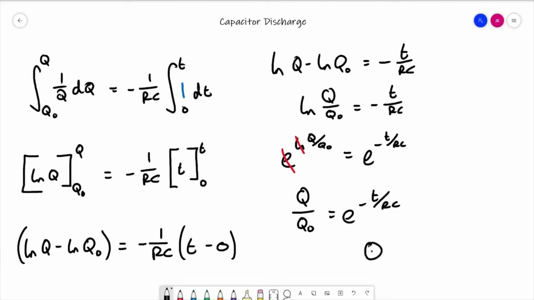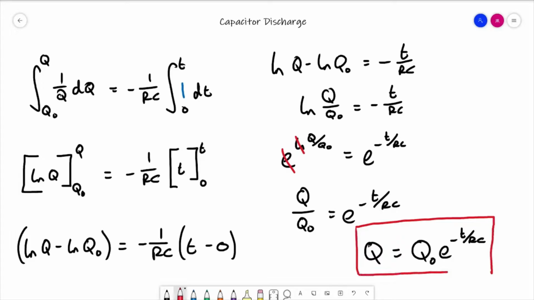So we get the equation Q is equal to Q0 e to the minus t over RC. And there then, if you haven't followed that, now's the time to tune yourself back in. That there is the capacitor discharge equation.